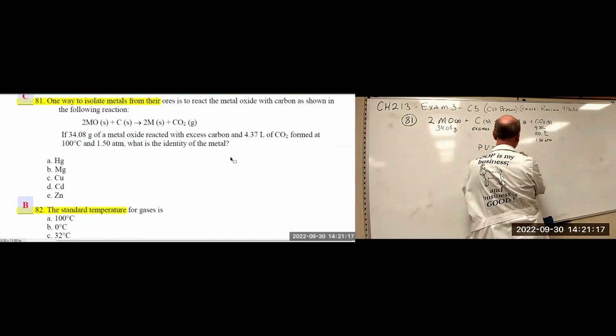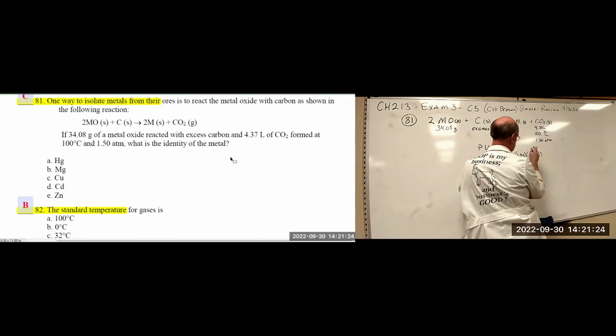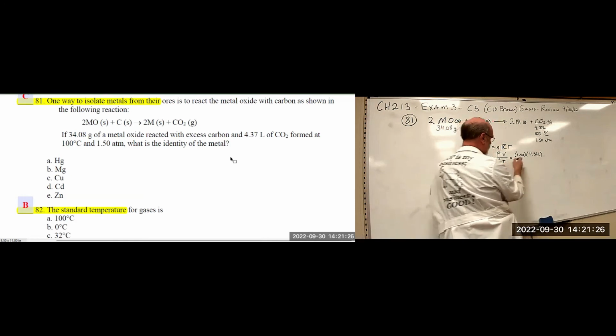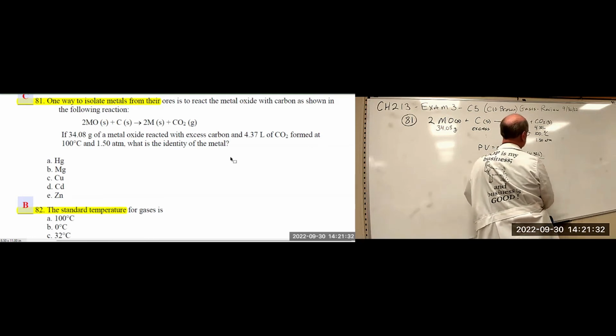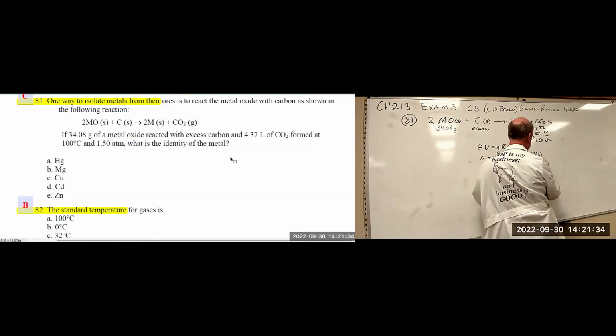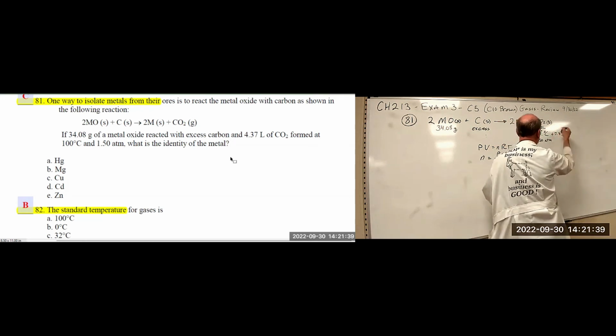So the pressure is 1.50 atmospheres. The volume is 4.37 liters. These are all standard units based on that R. And the temperature, 373, right? That's plus 273.